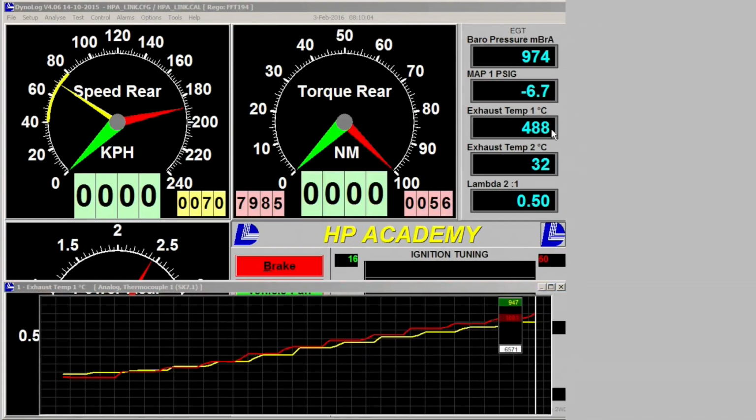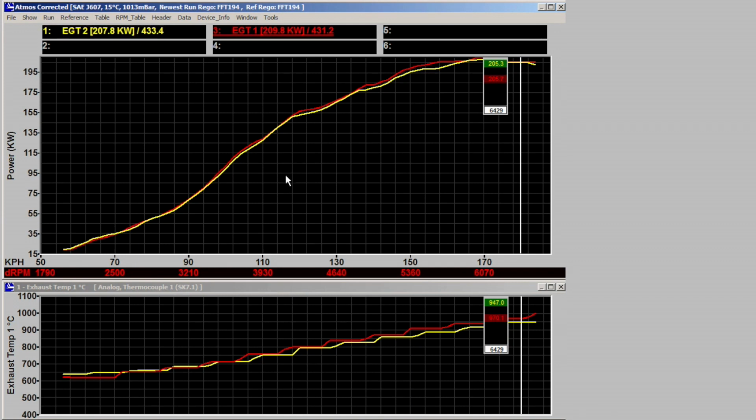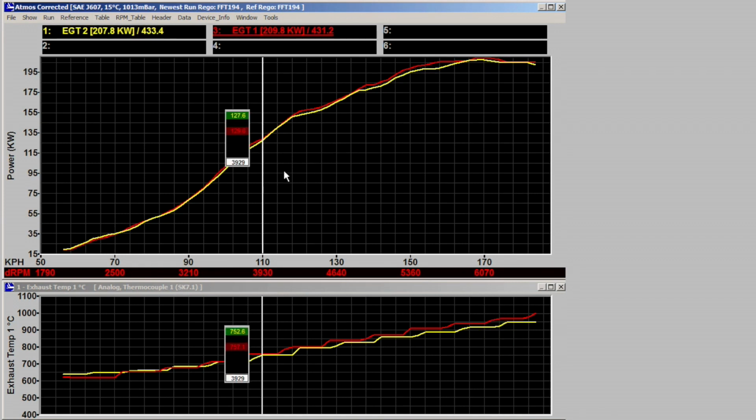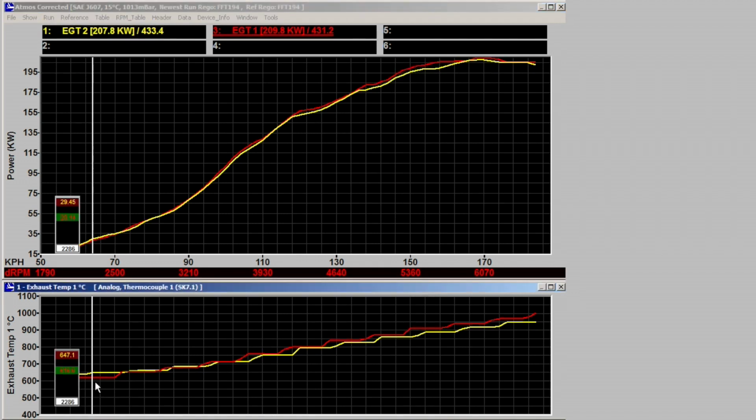I'll just save that run, and we can see we have, first of all, our power being displayed here. Our original run, our first run with the leaner air-fuel ratio, is in red, and our second run that we've just completed is in yellow. Below that we have our exhaust gas temperature, and remember, as I said, we actually started the run here with a slightly higher exhaust gas temperature.